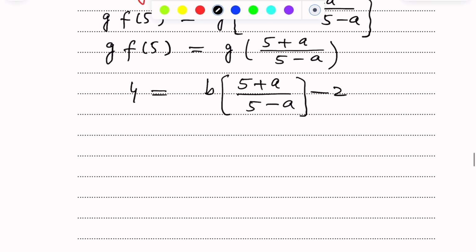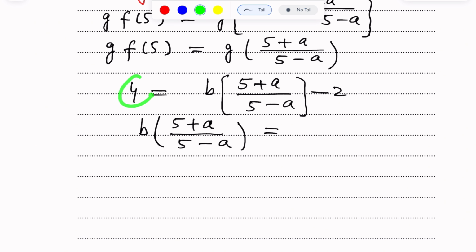Now simplifying it, b into 5 plus a over 5 minus a is equal to 4 plus 2, since minus 2 becomes positive on the other side. This will become 6. This is equation number 2 for reference.